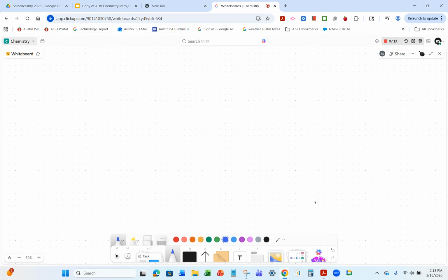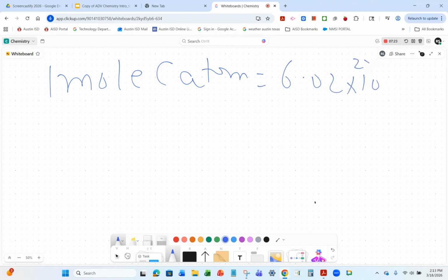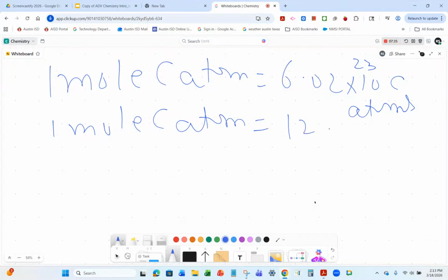I know 1 mole of carbon atom in terms of number is equal to 6.02 times 10 to the power 23 carbon atoms. What else do we know? I also know 1 mole of carbon atoms in terms of mass is 12 gram.